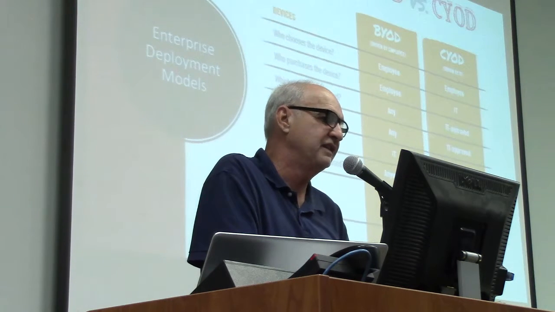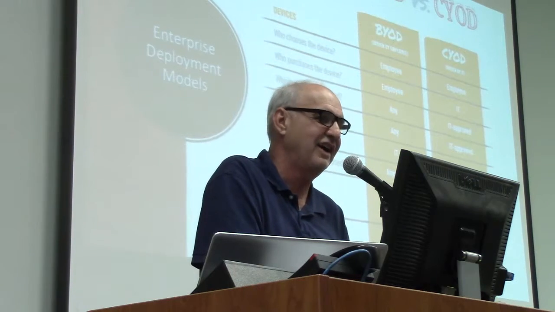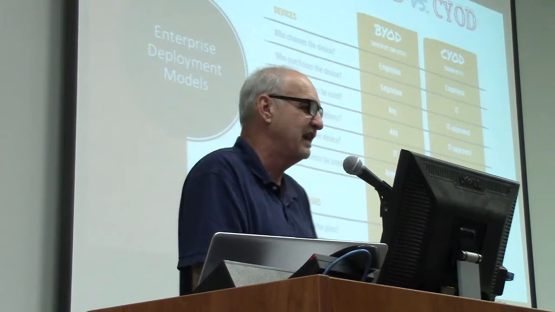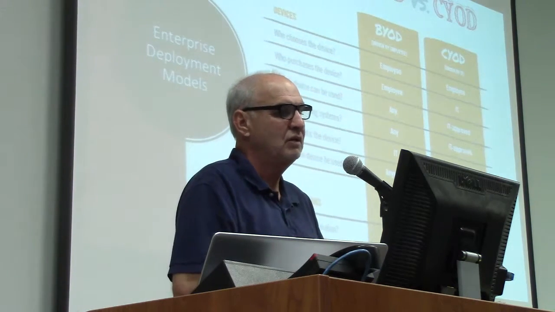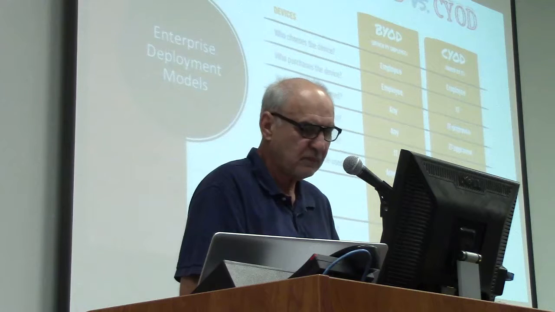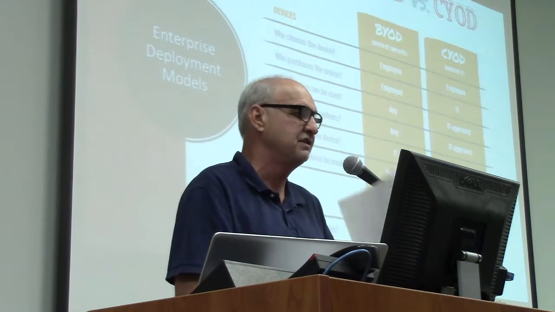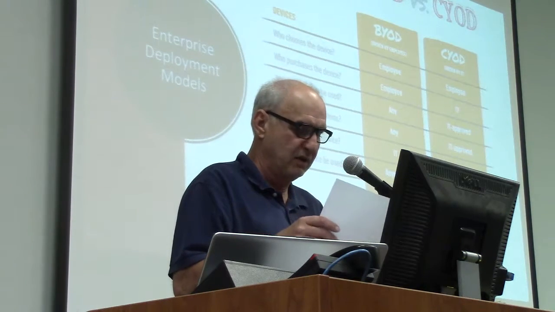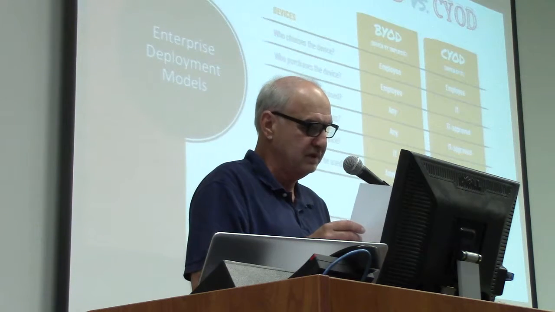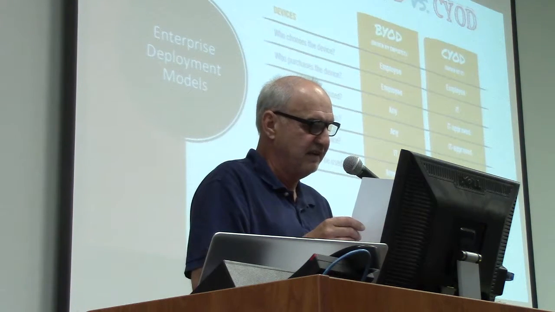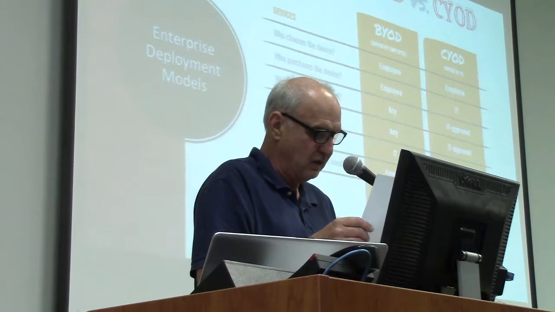But can you imagine how difficult this would be in an enterprise with thousands of employees bringing hundreds of different kinds of devices, laptops, tablets, and phones, to connect to their network, to work at home, or whatever? And there are more categories than just bring your own device or choose your own device. In your handout, you have some more categories: corporate-owned, personally enabled, choose your own device, virtual desktop infrastructure, and corporate-owned.